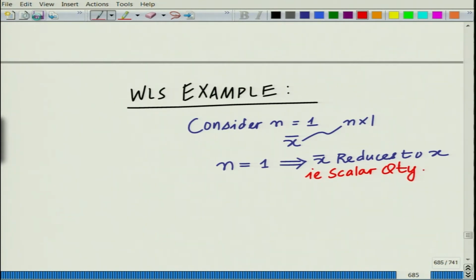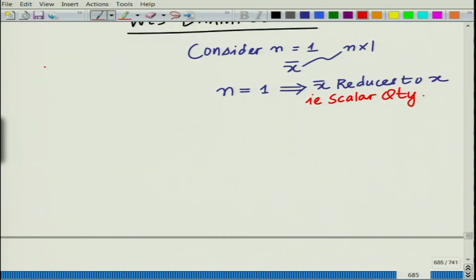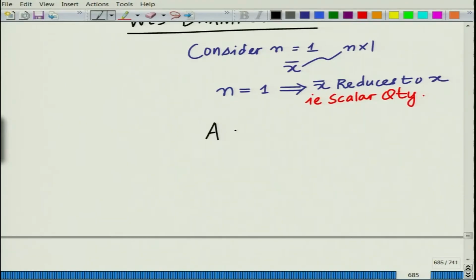Now, therefore, we are considering as a special case the estimation of a scalar quantity, and further we are going to assume this matrix A, which is m cross n, that will be m cross 1. Let us assume this to be a vector of all ones. So, A is of size m cross n, which is equal to m cross 1.